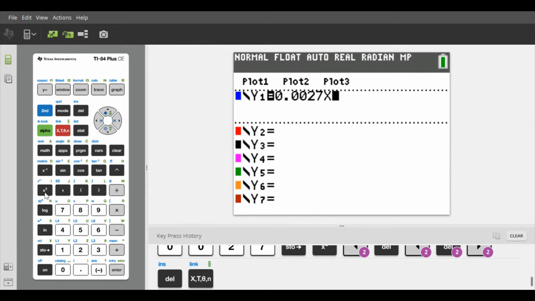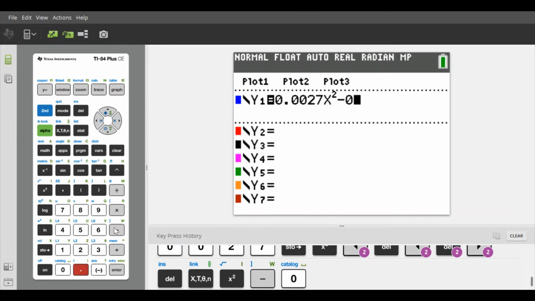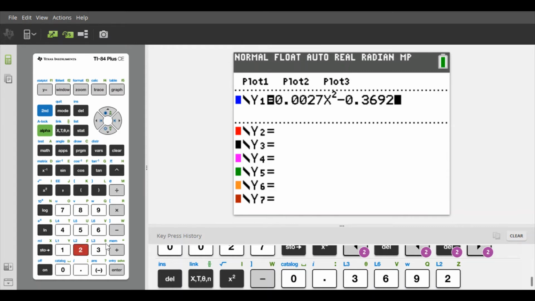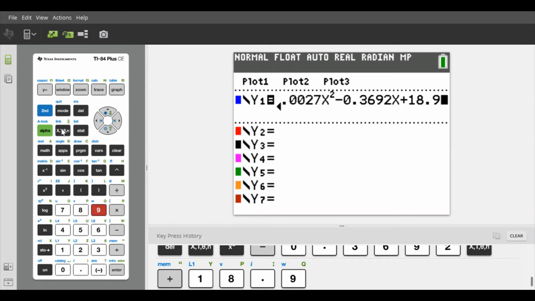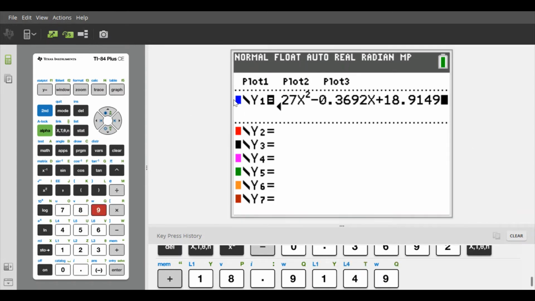So x squared minus 0.3692x plus 18.9149. Got that all typed in.